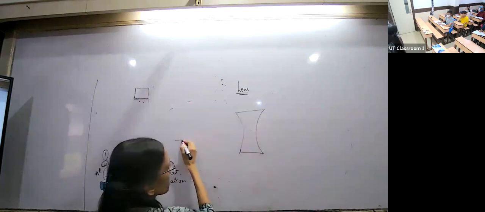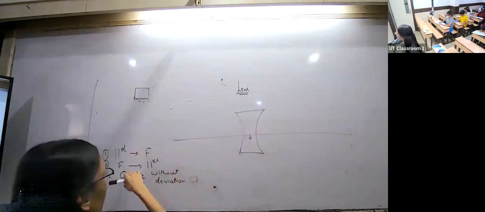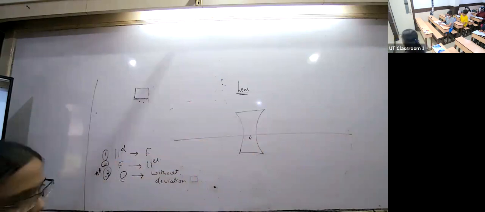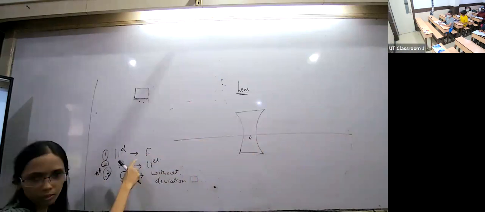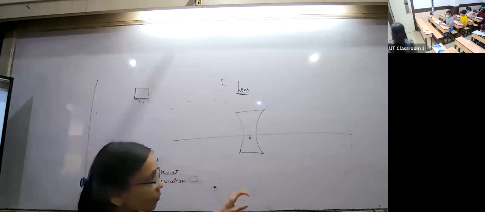Did you get my question? So let's say this is my optical center. I don't want image formation. I just want to see how these three rays will look when following their path in a concave lens.